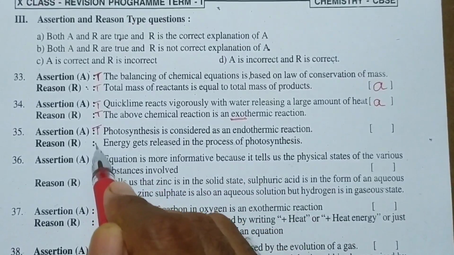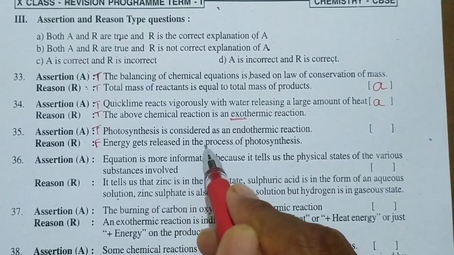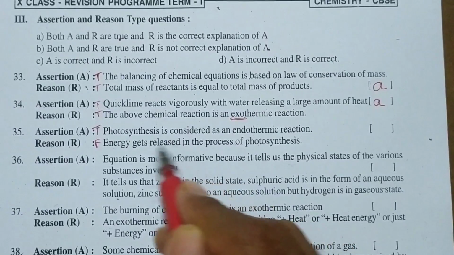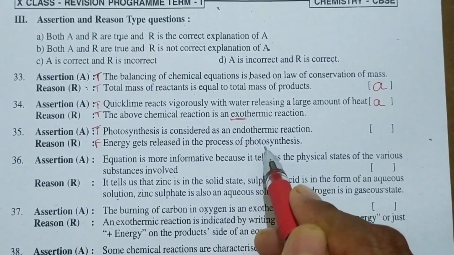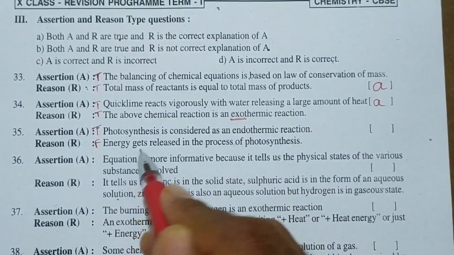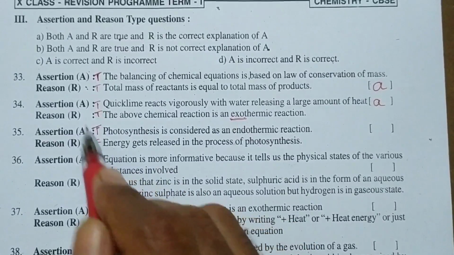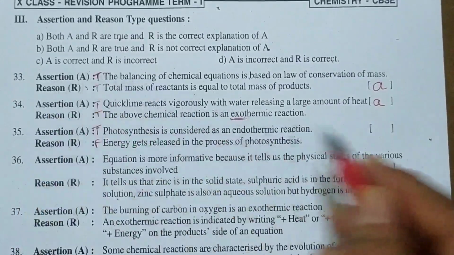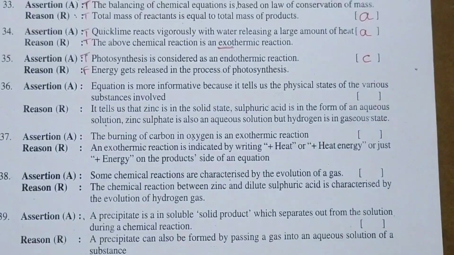This is false. Why? Because if energy gets released, then it will become exothermic. But actually photosynthesis is endothermic. So during photosynthesis, energy will be gained, not released. So A is correct, R is incorrect. So for 35, option C is the right answer.